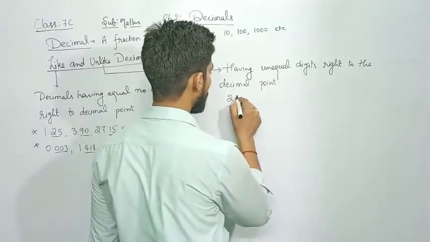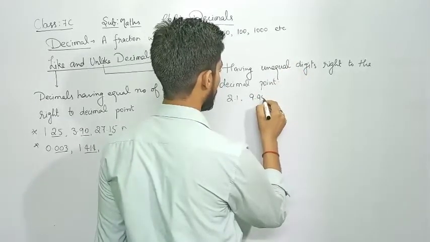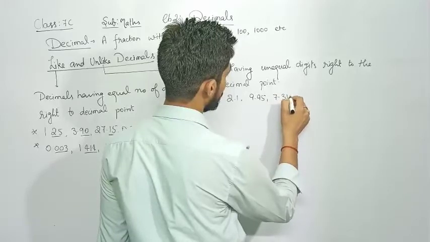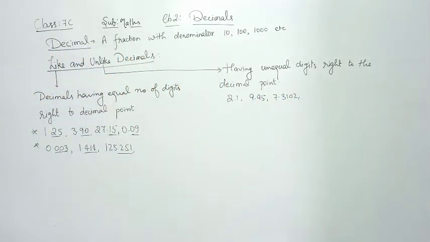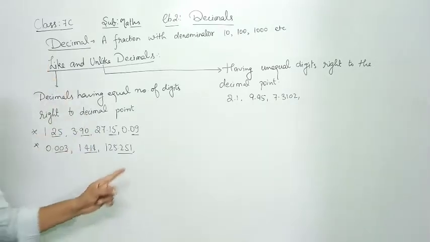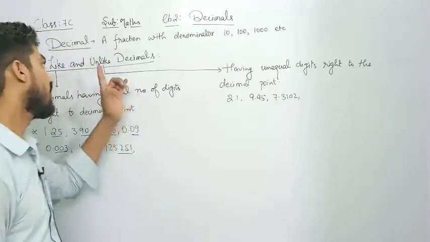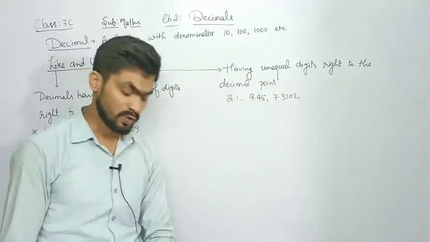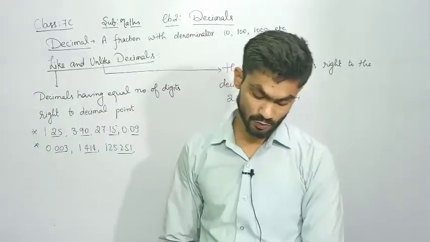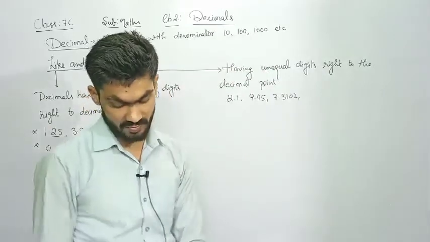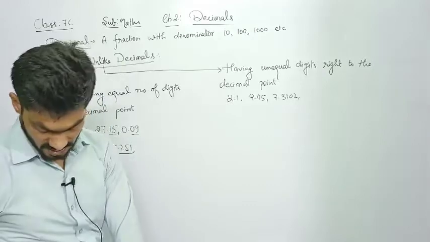Whereas 2.1, 9.45, 7.3102, all these are examples of unlike decimals. So like decimals have an equal number of digits after the decimal, whereas unlike decimals have an unequal number of digits after the decimal. Correct?